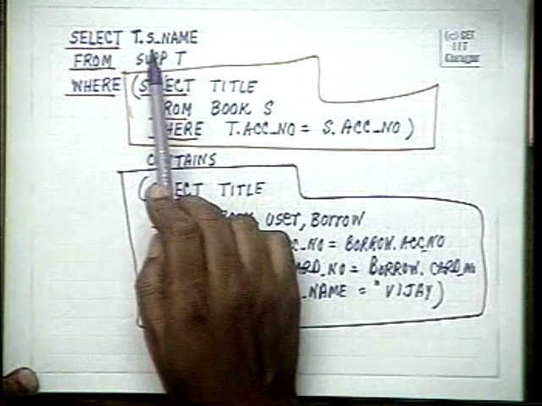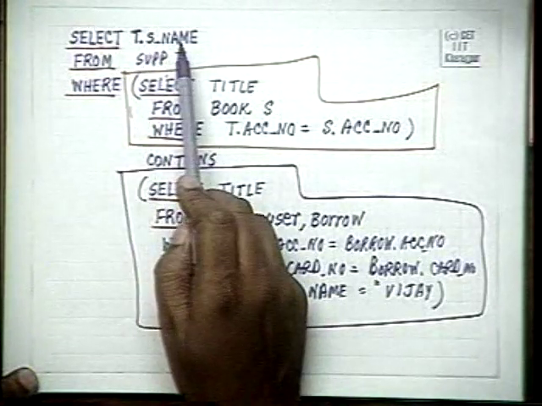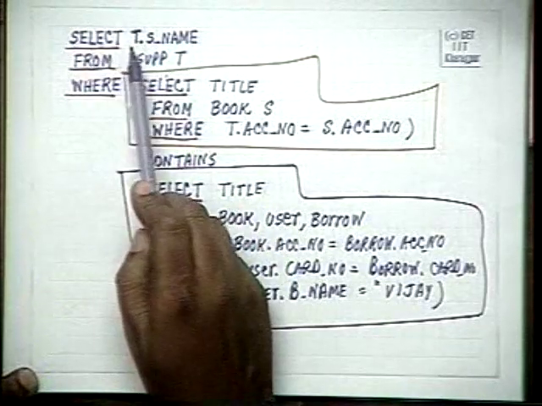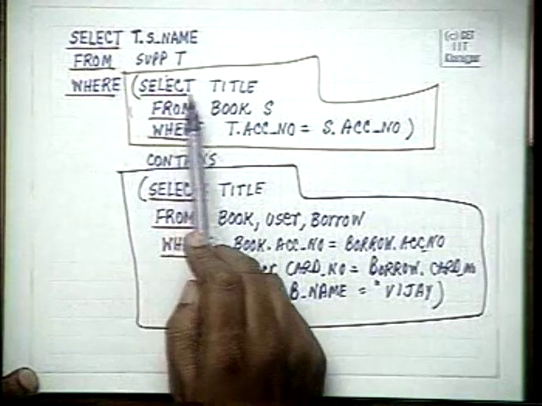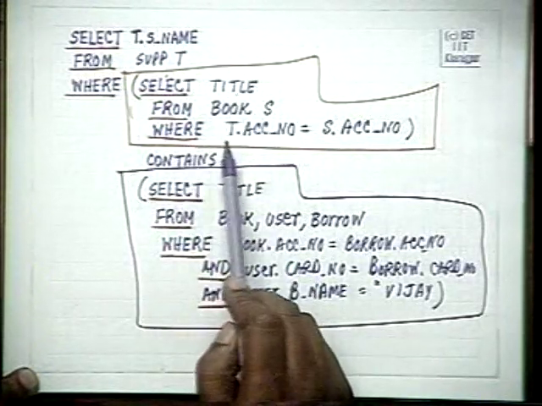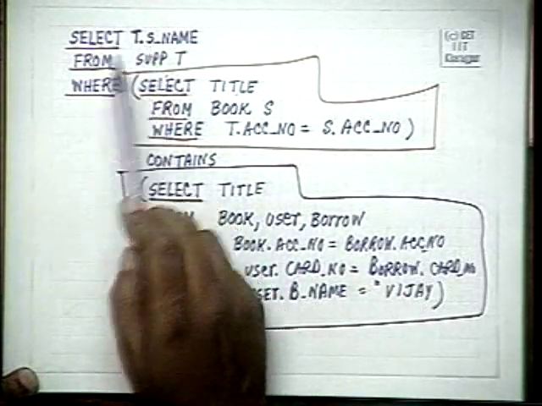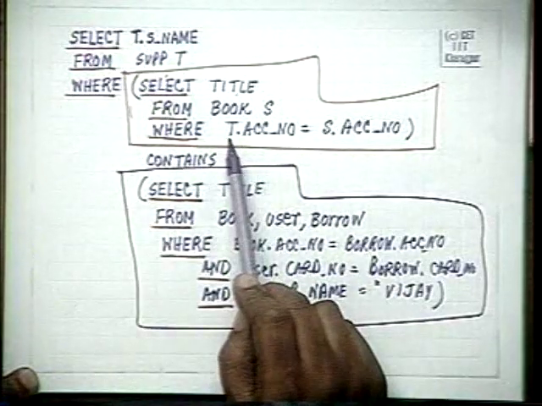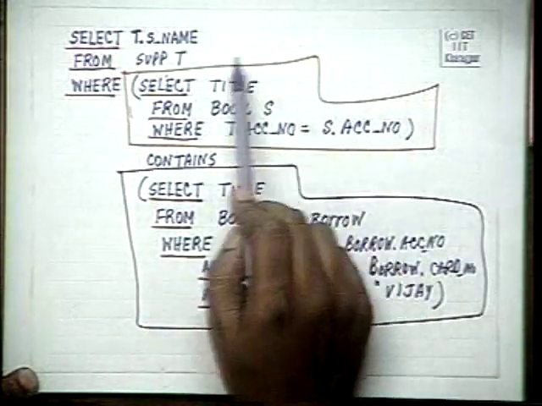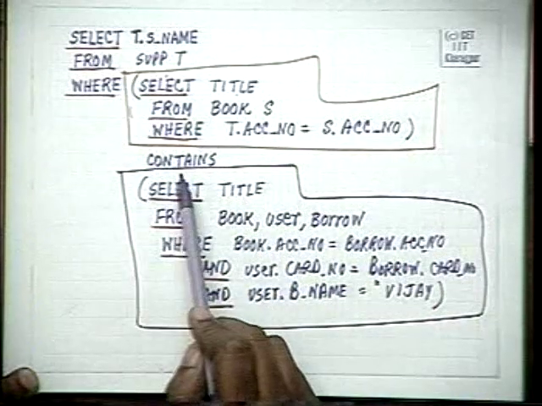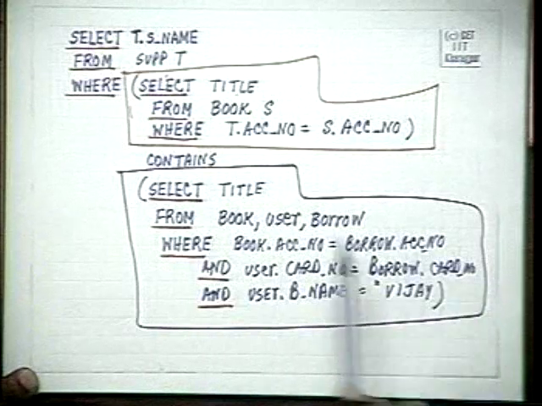And here we selected those names such that the set, suppose this name is Narosa, then select t.sname from sub t where select the title from book where t.accession number is s.accession number. So for anyone whose name is in the final solution, this will give you the title of all the books supplied by that person, and this must contain this result as a subset.